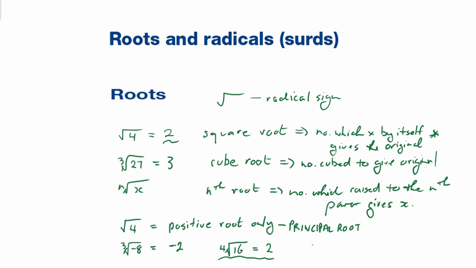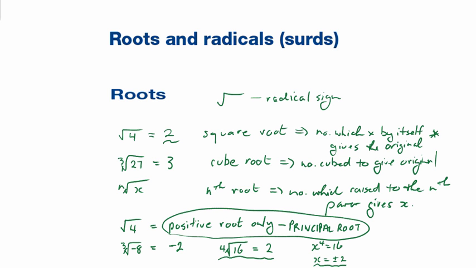Just think, if you had the equation x to the fourth equals 16, there would be 2 answers, plus or minus 2. But please note, when we use the radical sign, we are looking at the positive root only. So the fourth root of 16 is only written as 2. That gives you a little bit of an idea.